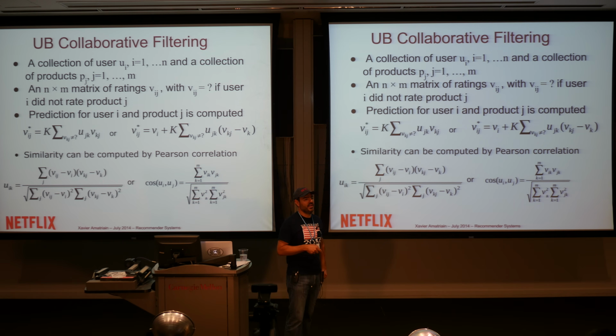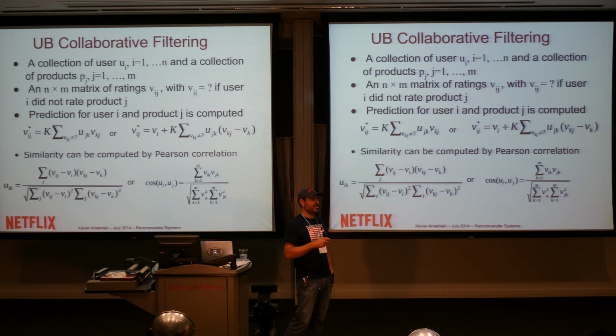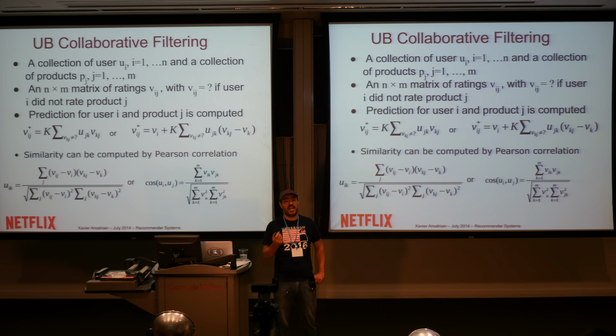And when I say ratings, again, ratings or clicks, it doesn't matter. We're going to have a number there, or we're just going to have a binary 0, 1. And we're going to have a question mark, which is basically the unknown that we don't know in the matrix if the user did not rate the product or did not buy the product, right?